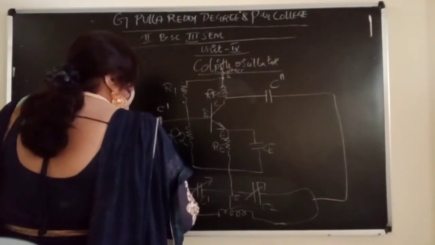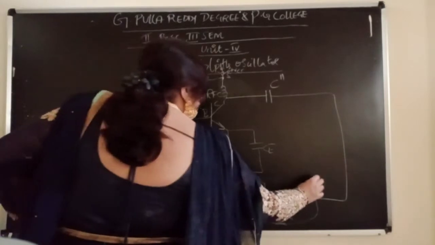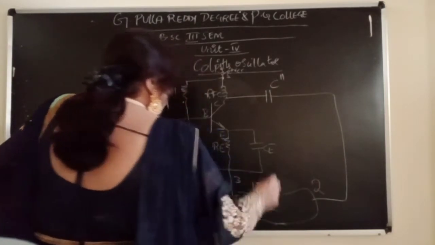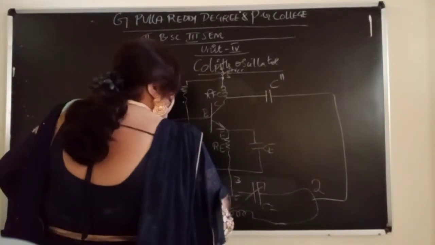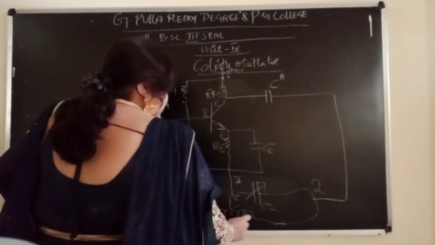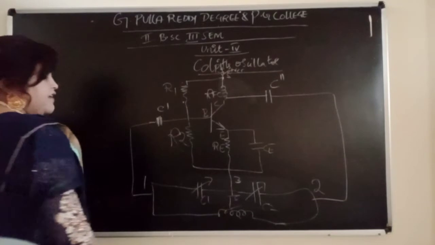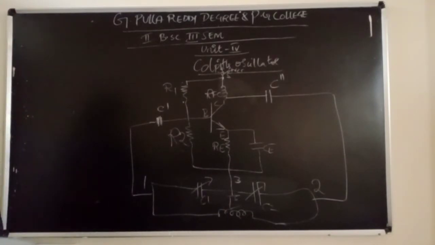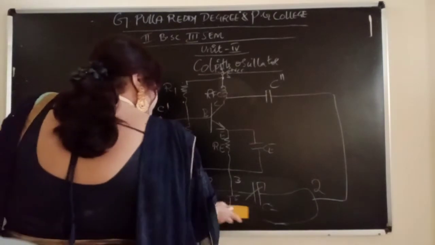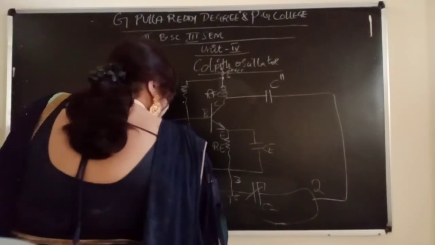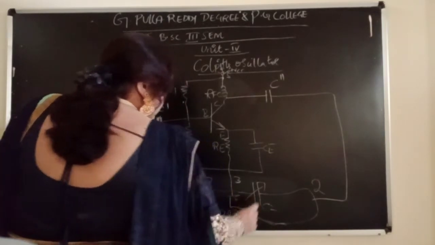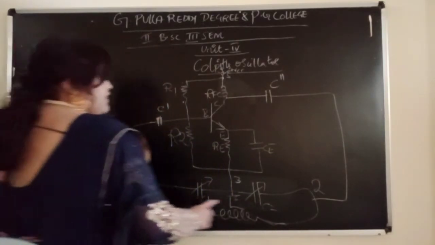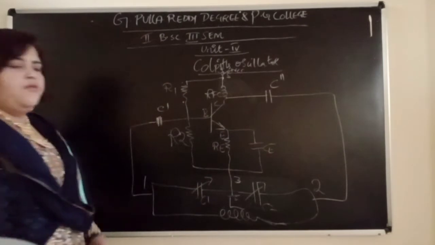It is the same diagram, only with a few changes: I have replaced two inductors with two capacitors and one capacitor with one inductor. Remember this. Inductor you should draw in this form, L, with terminals 1, 2, 3.